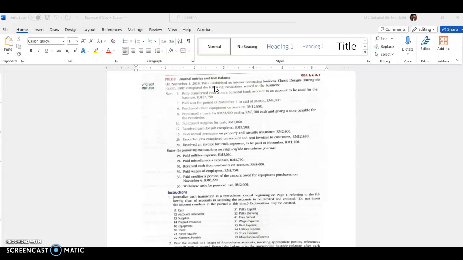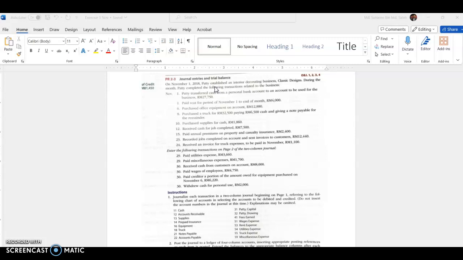Okay, now let's look at the November 1st. Betty transferred cash from personal bank account to the account of business, and the amount is 27,750. So the first thing we have to record is the bank account, which belongs to the business.